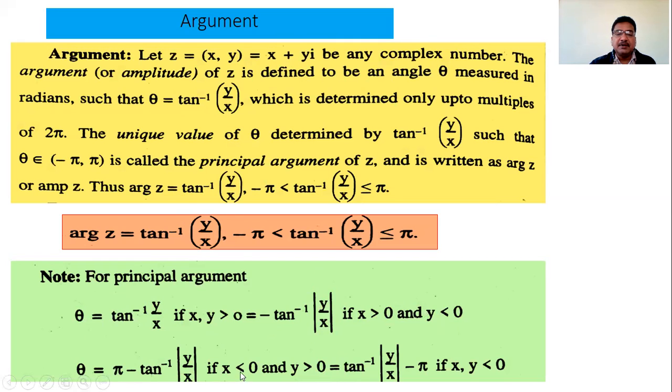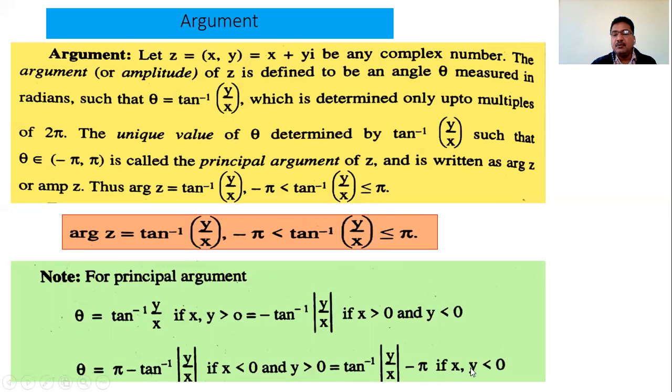If x is less than 0 and y is greater than 0, the second quadrant, then the principal argument is pi minus tan inverse mod y by x.